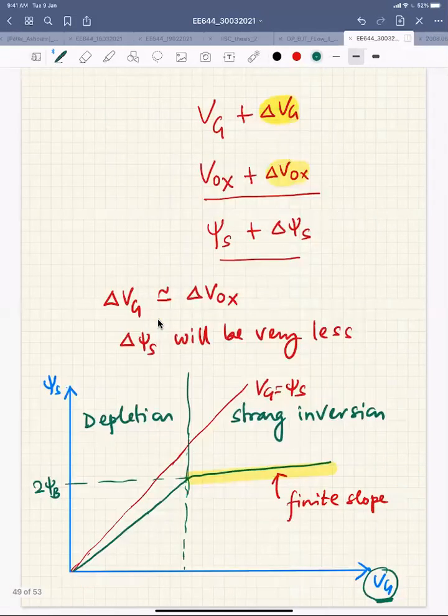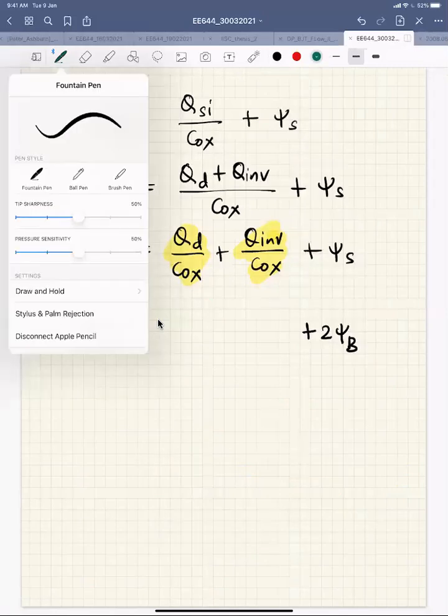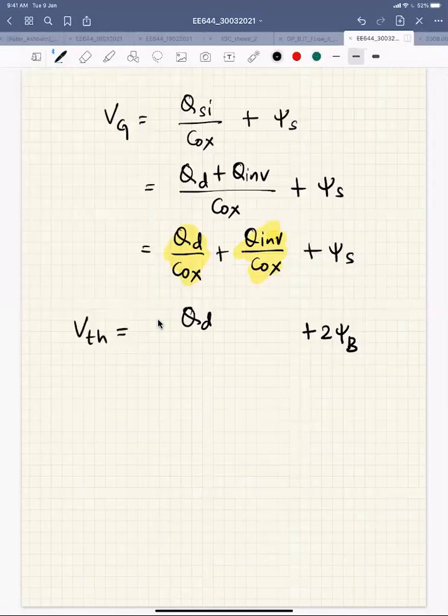So what we generally do is neglect this Q inversion. We just write VTH as Qd by Cox at psi s equal to 2 psi b, whatever the depletion charge is, plus 2 psi b.